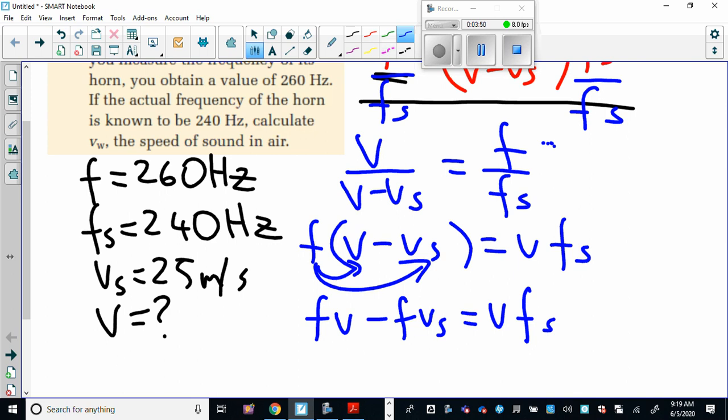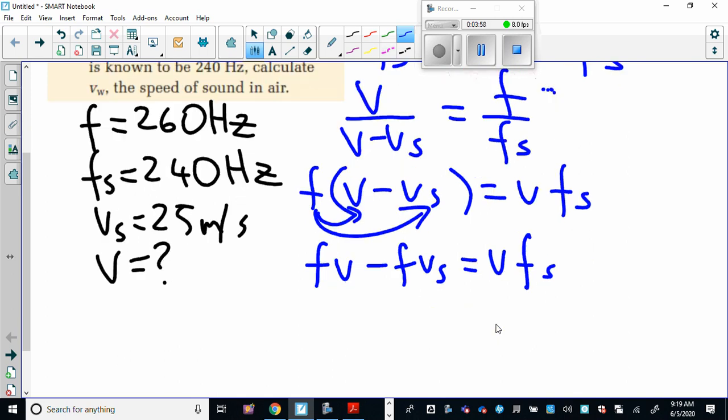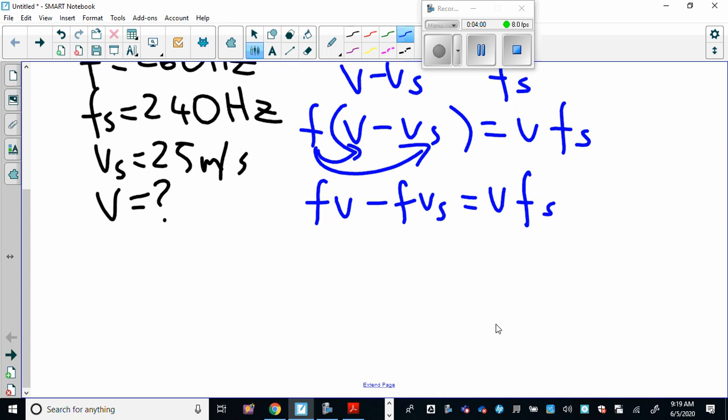And by the way, there are alternate ways to do this. They all turn out to be the same amount of work though. So now we've got a V on the left and we've got a V on the right, and we want to get them onto the same side of the equation. So we're going to take this one, move it over there, take this and move it over that side. So we're going to get this. I'm just going to move it over here so I'm close to the microphone.